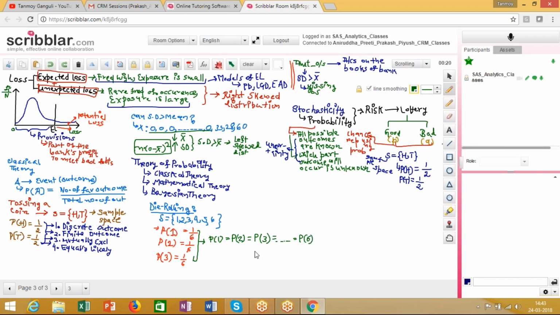So you can see that the chances of each of these outcomes to occur are equal, and you cannot say that one event is more likely to occur than the other.